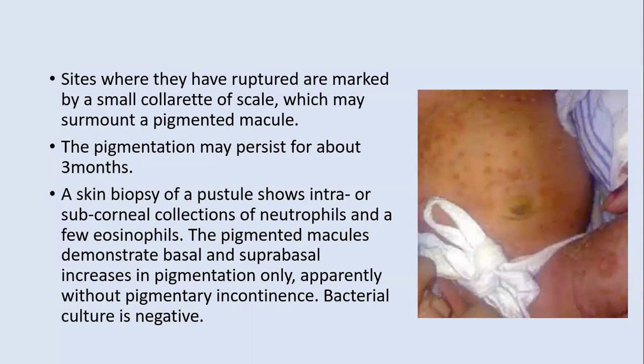As far as the biopsy of the pustule is concerned, it shows intra or subcorneal collection of neutrophils and few eosinophils, while the pigmented portion is because of the basal and suprabasal increased pigmentation. There is no interface change here.